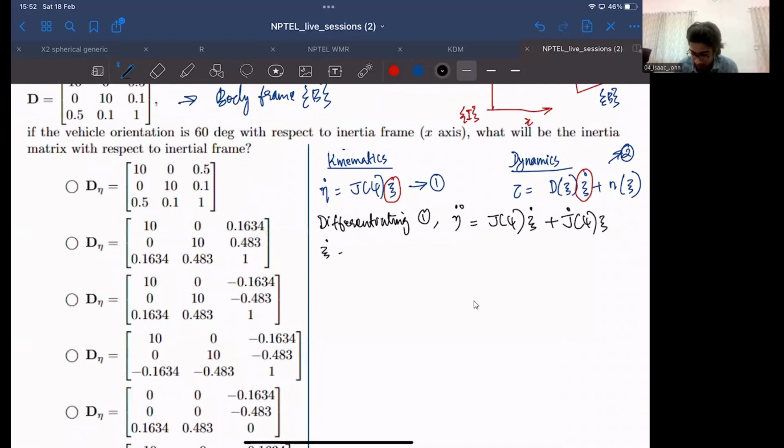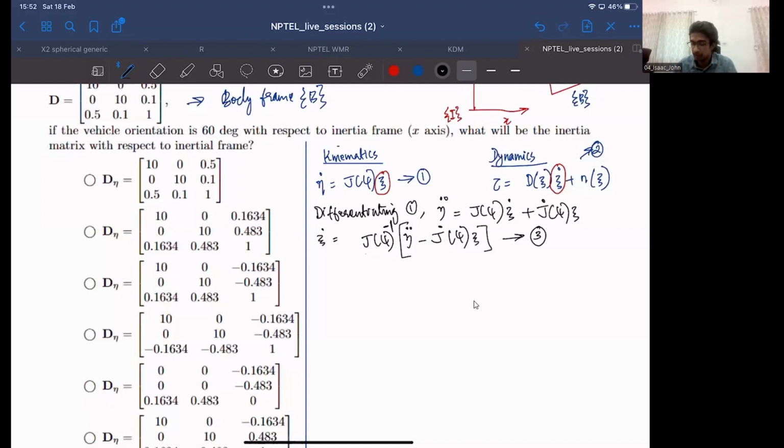Zeta dot would be eta double dot minus J dot of psi zeta, and this entire expression pre-multiplied by J of psi inverse. I'm labeling this as equation 3.